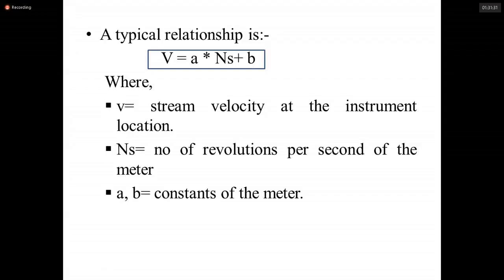Once you use a current meter, you can substitute that A and B, and with the measurement you can get the number of revolutions per second, substitute all these things and get the velocity of that point. Likewise, at each point you have to insert it, calculate the velocity, and get the average velocity of that subsection.